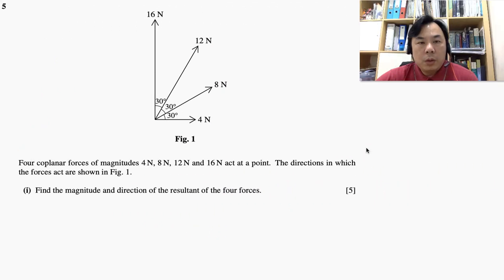Okay, question 5 is about resultant forces of coplanar forces. In this case, we have 1, 2, 3, 4 coplanar forces here, right? Coplanar forces basically means the forces are acting on a two-dimensional plane.